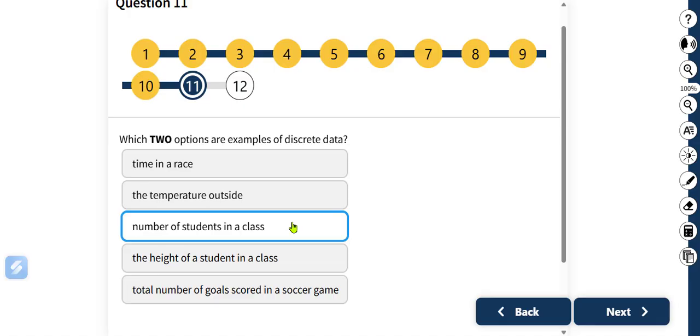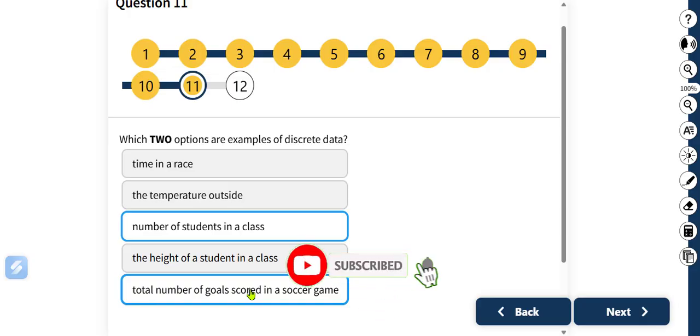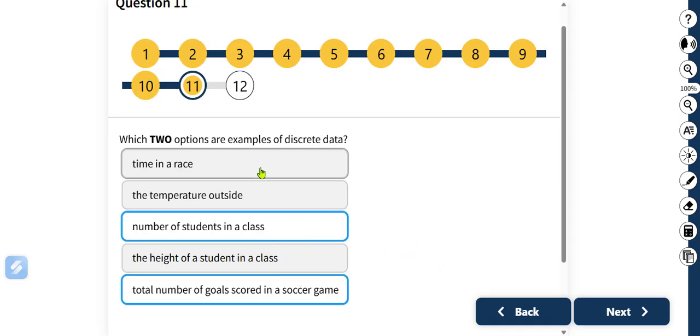So it's always a whole number. You can't say 10.5 students. And the total number of goals scored in a soccer game: the score is always like 0, 1, 2, 3. It's never like 2.5. But time in a race can be a decimal, like 9.5, 12.3. Temperature outside can be a decimal, like 20.5, 23.5.